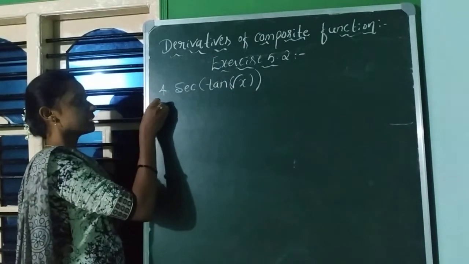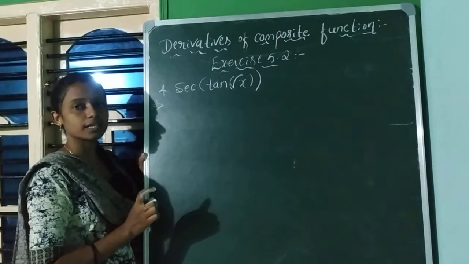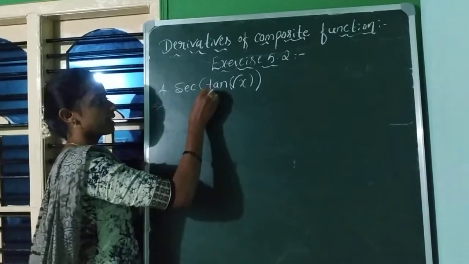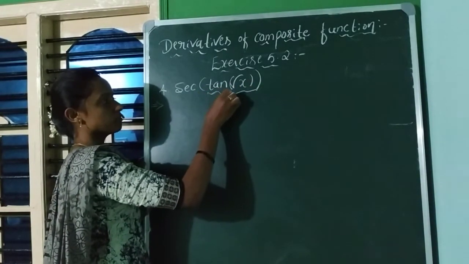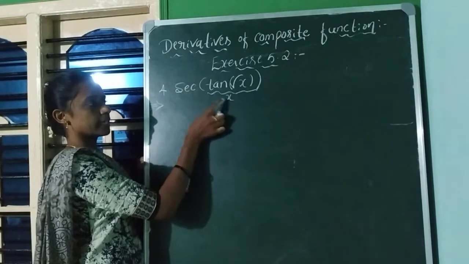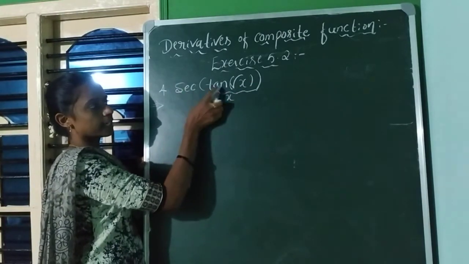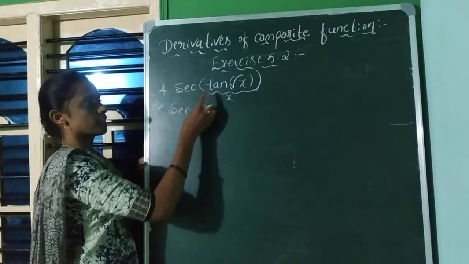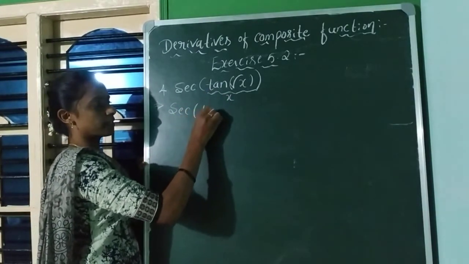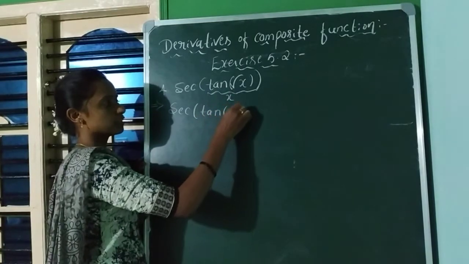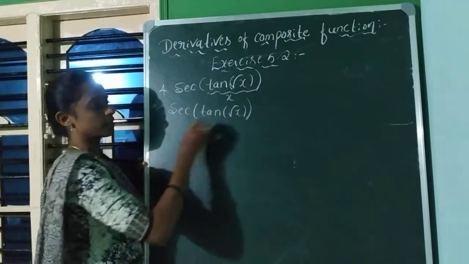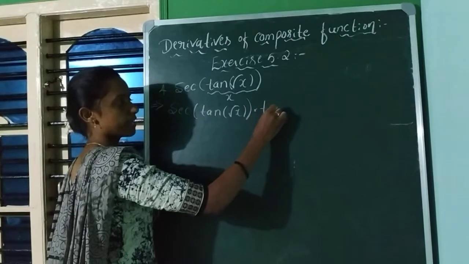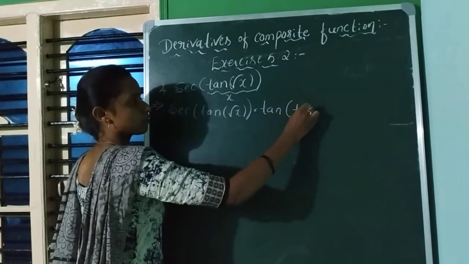So now the secant derivative is secant x into tan x. But instead of the variable x we have this function. So secant x derivative is secant x into tan x. Therefore secant x is nothing but tan of root x. Next is tan of tan root x.